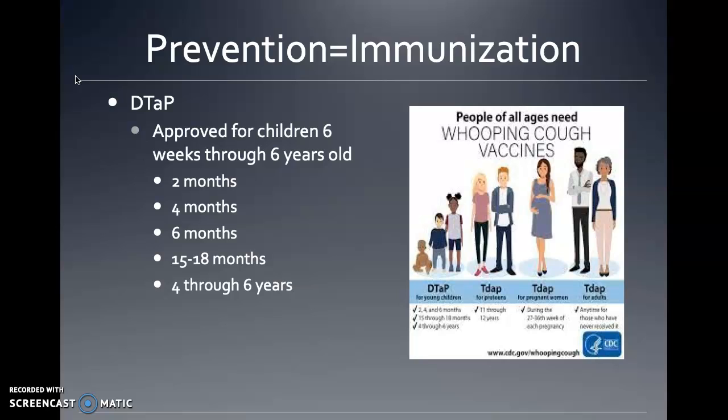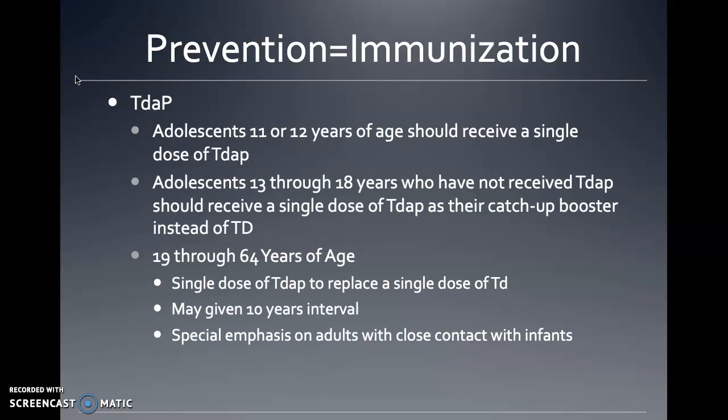The vaccination schedule: younger than 6 months, they can get DTaP, diphtheria, tetanus, and pertussis. The schedule is 2, 4, 6 months, between 15 and 18 months, and another at 4 through 6 years old. Pregnant women should get vaccinated with each pregnancy.